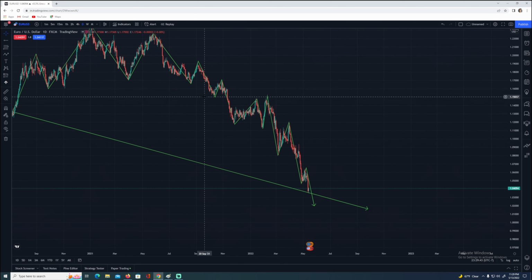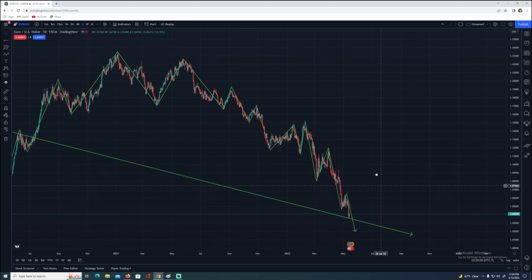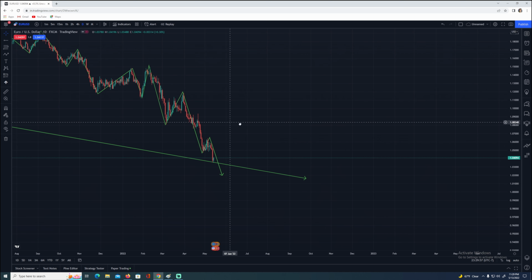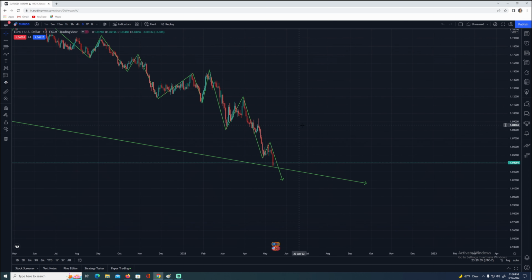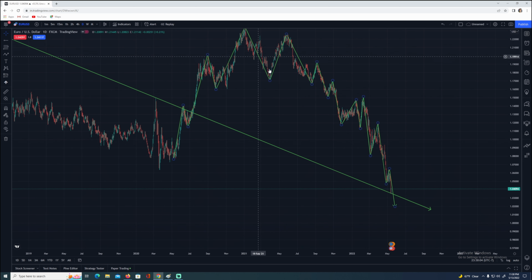Now, as an institutional trader, we know that the market is bearish, and we're just going to be looking for bearish plays. Instead of every time just sitting here and looking to the left side and saying, oh, the market is going down, there's resistance over here.